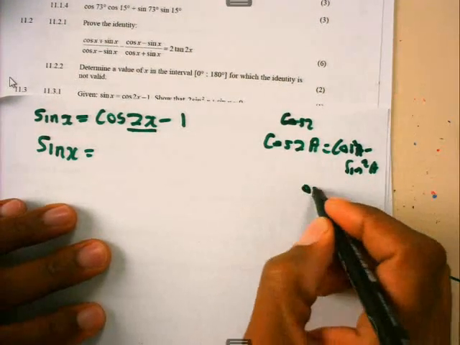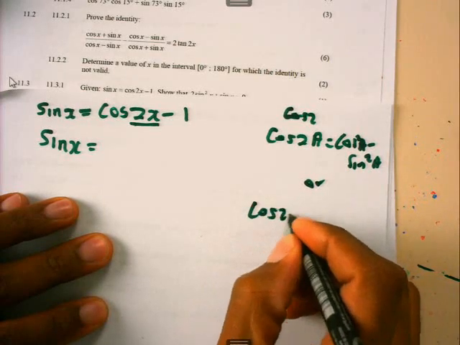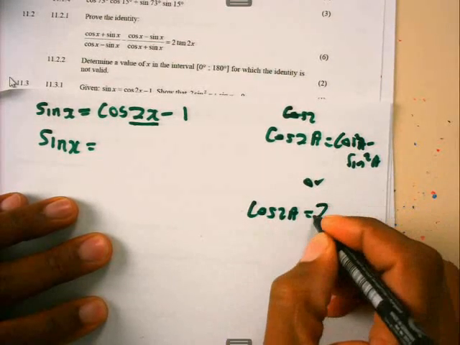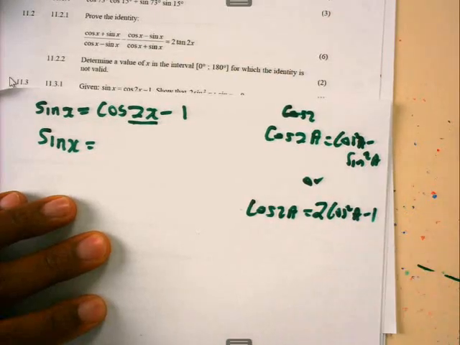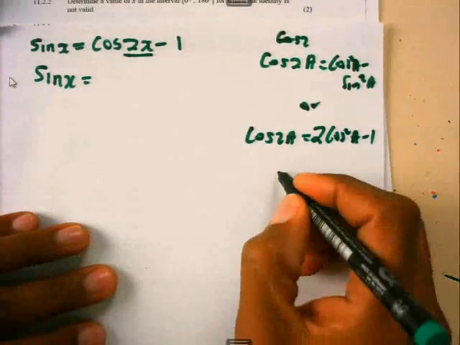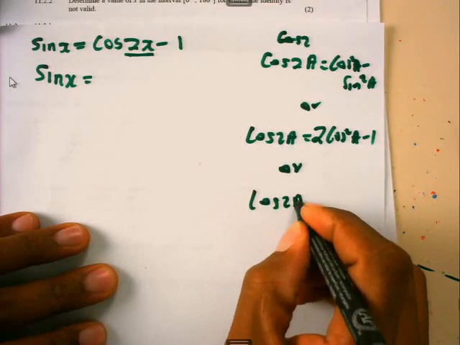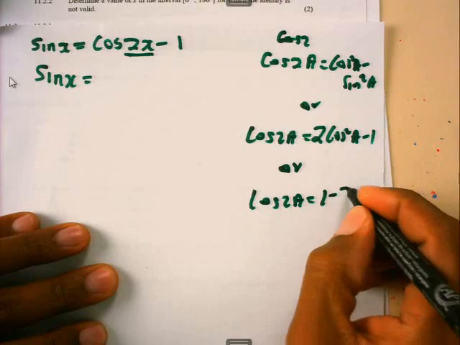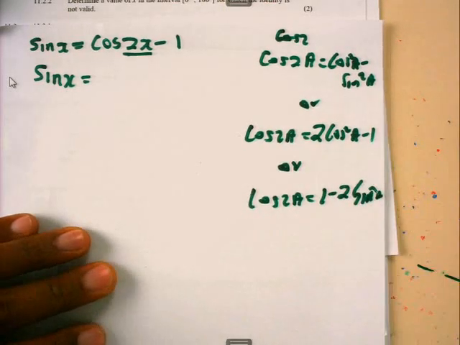And also, one can also say, we also have cos 2a is equal to 2 cos squared a minus 1. That is the second one. And now the third one here is cos 2a is equal to 1 minus 2 sine squared a. You need to remember the three.